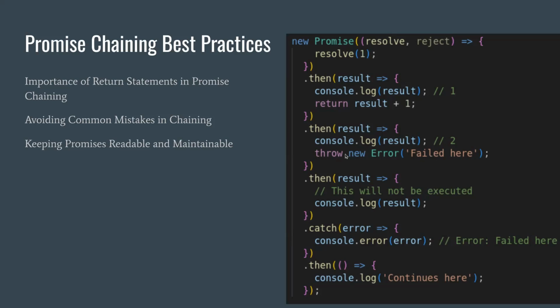Once we throw an error, you'll notice that the chain skips this then all the way to the catch block. After the error, it then continues with the next then after catch. So this shows the importance of strictly structuring the chain for clear error handling and flow control.